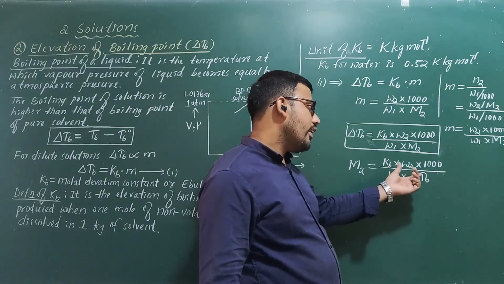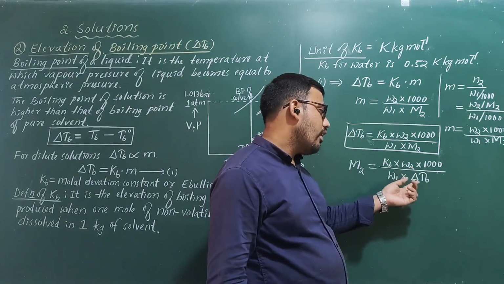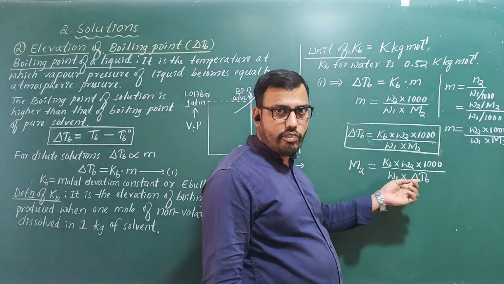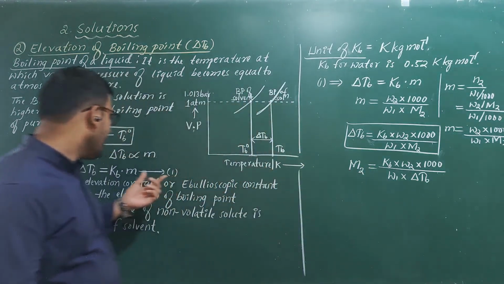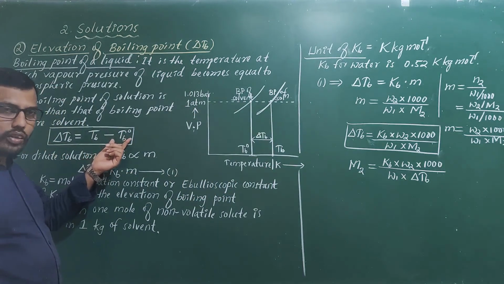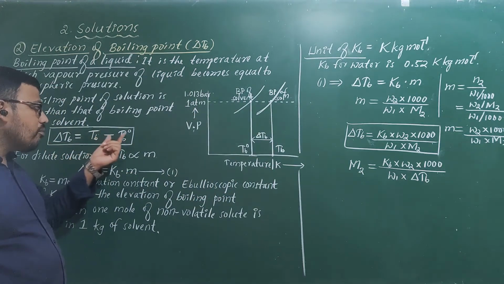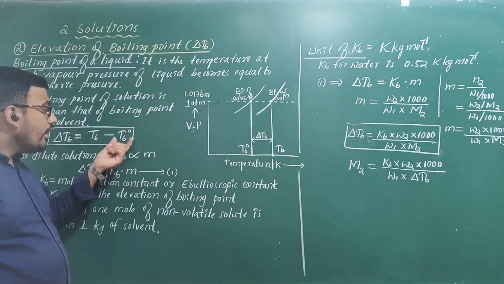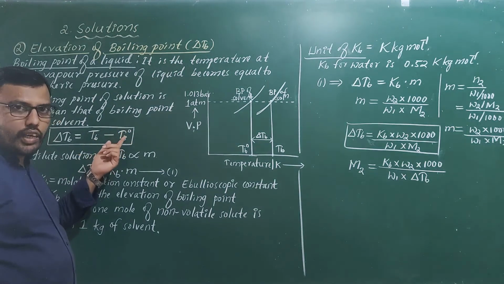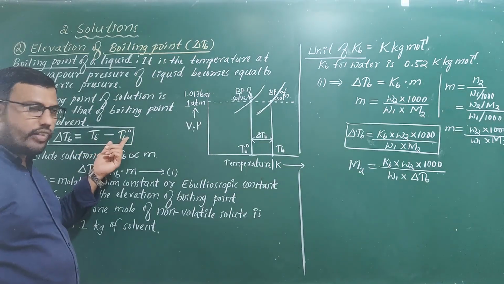By knowing all these factors, sometimes Kb will be given, but sometimes delta Tb may not be given directly. First we have to calculate it, and we can calculate it very easily. Delta Tb is equal to Tb minus Tb naught: the boiling point of solution minus the boiling point of pure solvent. If water is given, the boiling point of pure water is 373.15.